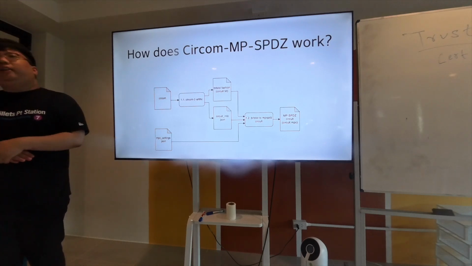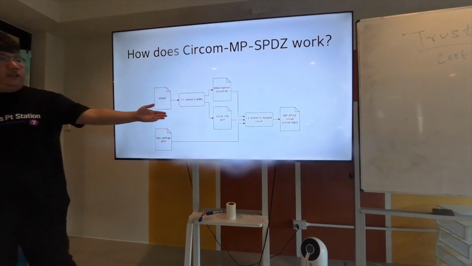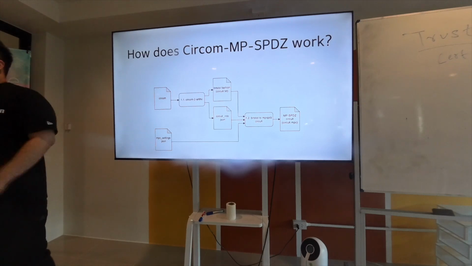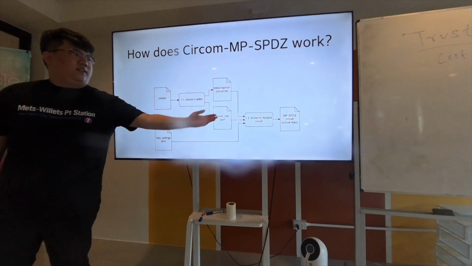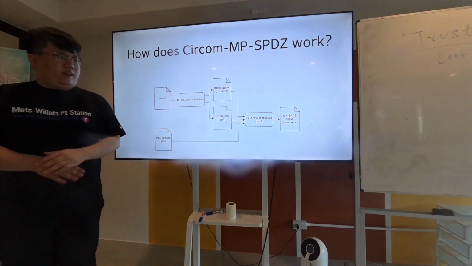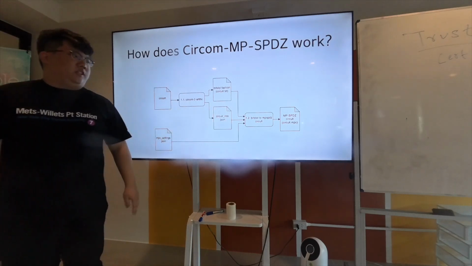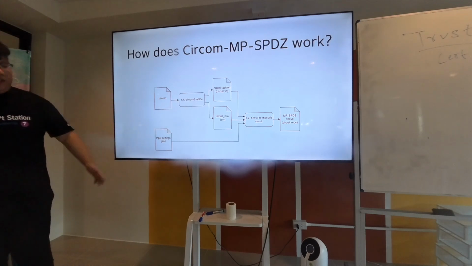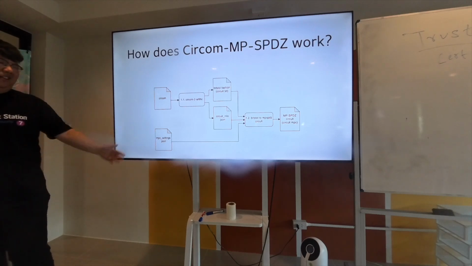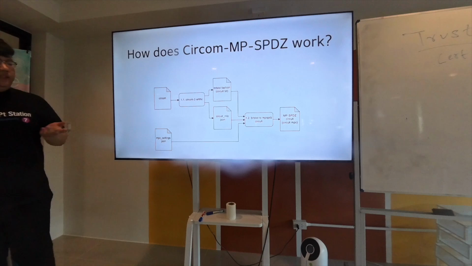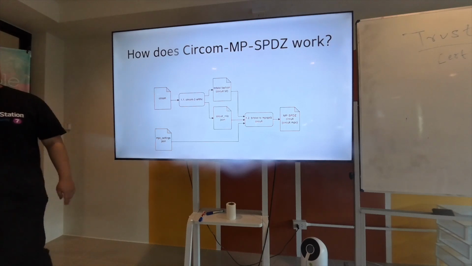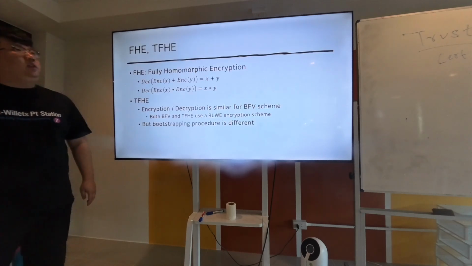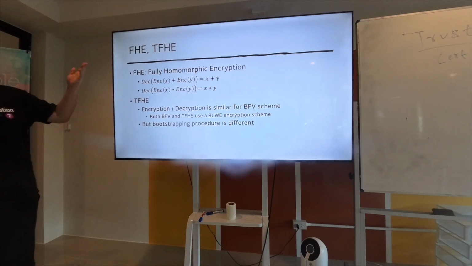As you know, a circuit has wires, and circuit info.json maps the wires to variable names. Taking the procedure from Bristol to MP-SPDZ, we can make the MP-SPDZ circuit. There is also an MPC settings JSON, because in MPC there are multiple parties, so this JSON has information about the MPC. Our work is to remove MPC and add TFHE.